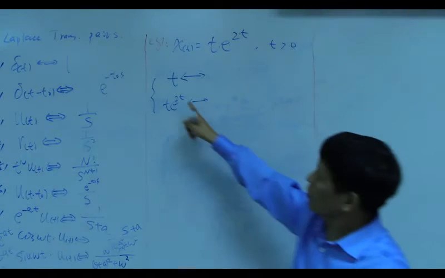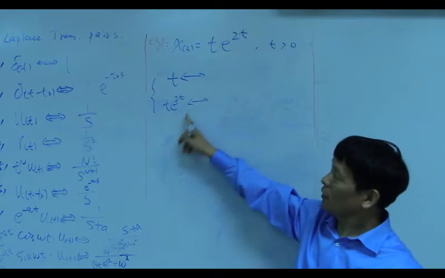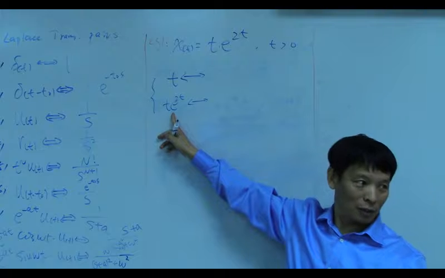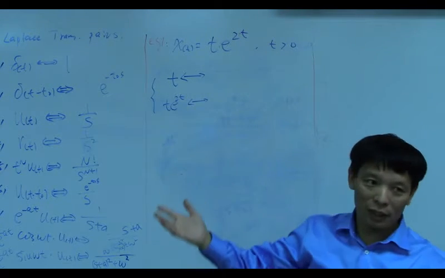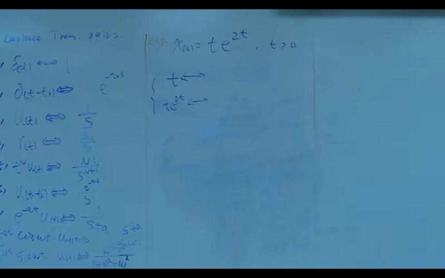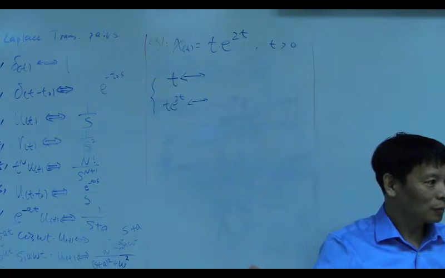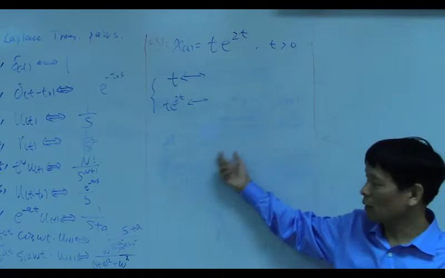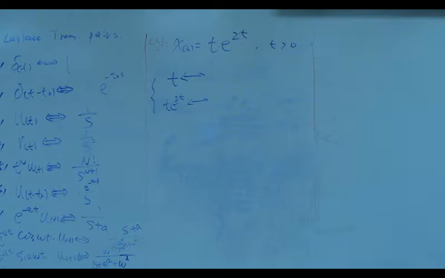First we try to find the Laplace transform for t. Then once we know this, we just multiply by e to the at. If we multiply by e to the at in time, then in the Laplace domain we just replace s with s minus a, right? So then we can easily write out the Laplace transform for this. This is good? Okay, can you try?